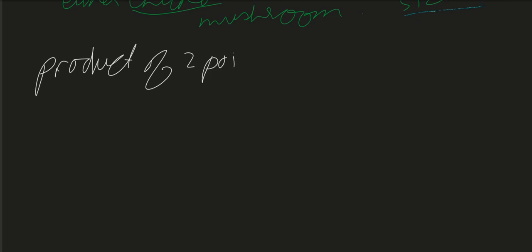Now let's see. The product of two prime numbers is 146.